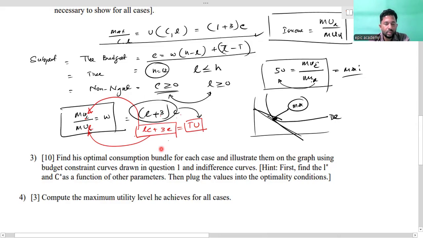How do we derive it? We create the derivative.